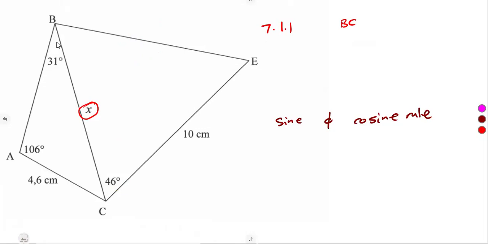Let us look into triangle ABC. In triangle ABC, we have an angle of 31 degrees corresponding to a given side, and an angle of 106 degrees corresponding to the unknown side that we are supposed to calculate.